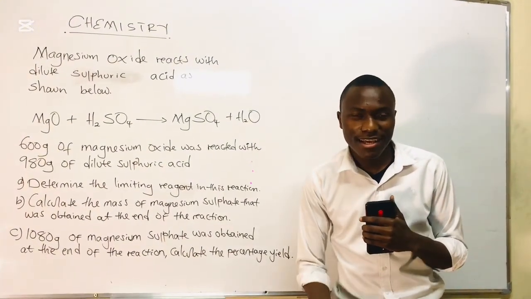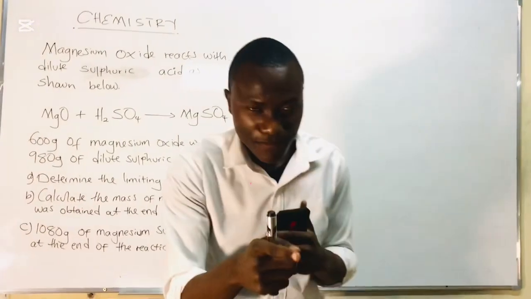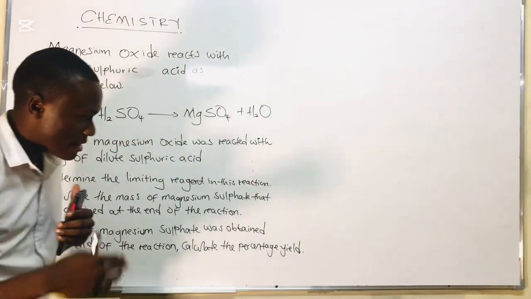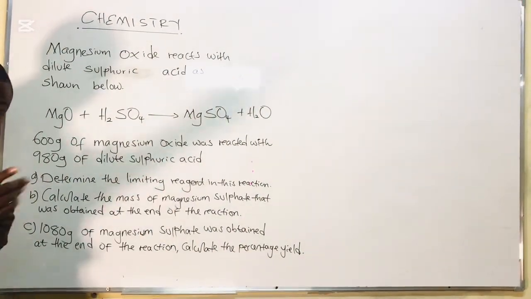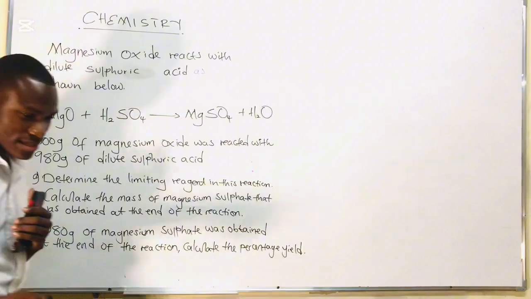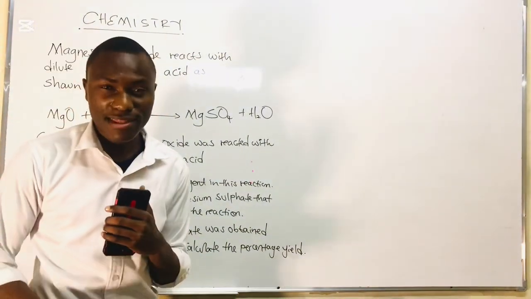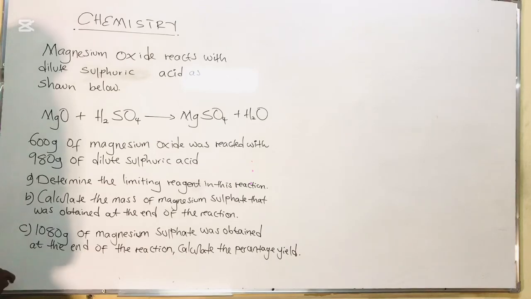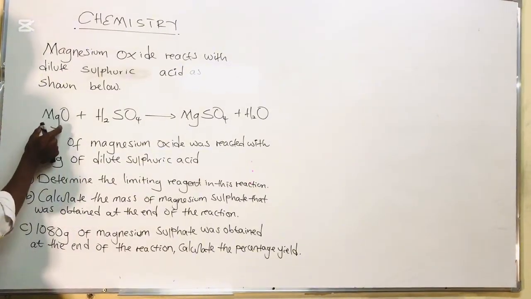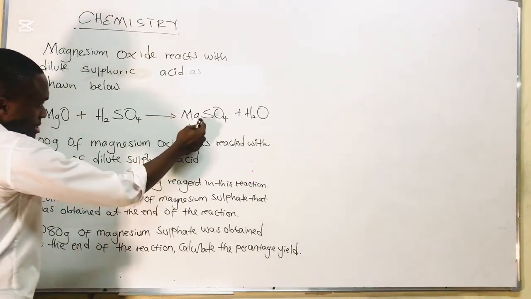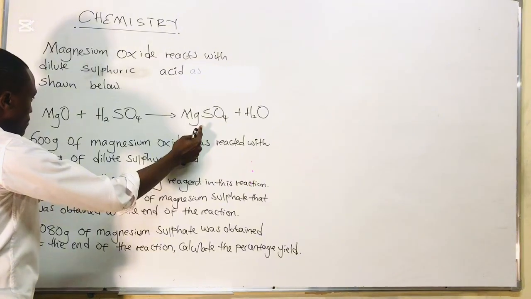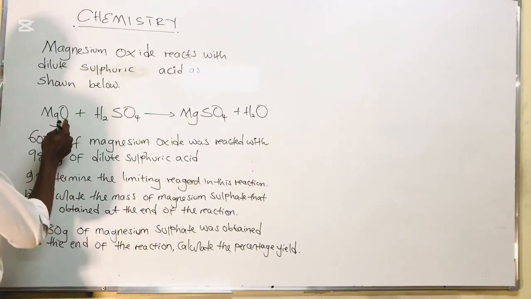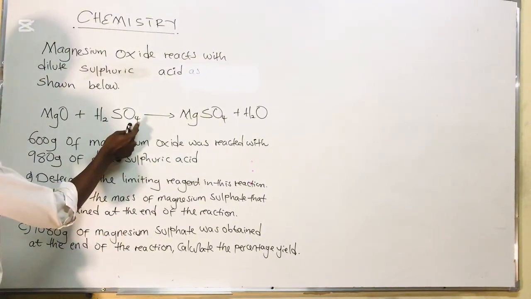All right. Now, step number 1, when determining the limiting reagent, the first thing that you want to do is balance the equation that you have. So let's try to balance this equation. Magnesium, we have 1 atom on this side, and 1 magnesium on this side as well. Oxygen, 1 plus 4, 5.